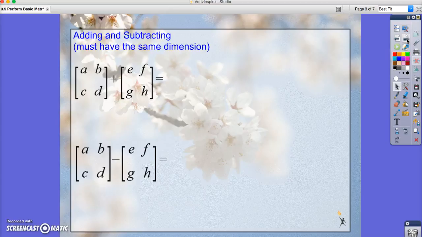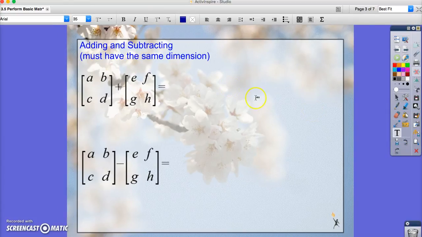All right, we start off today with adding and subtracting matrices. They must have the same dimension. Now, if you look here, I have 2 rows by 2 columns. It's a 2 by 2. So I am allowed to add them. When we add, we go across. Here's the top left, top left, so that would give us a plus e. Top right, b plus f here.